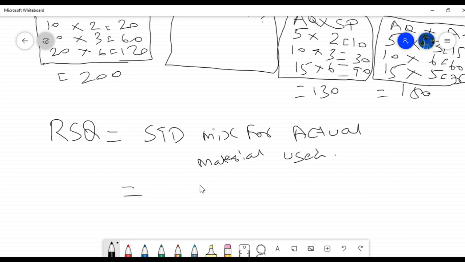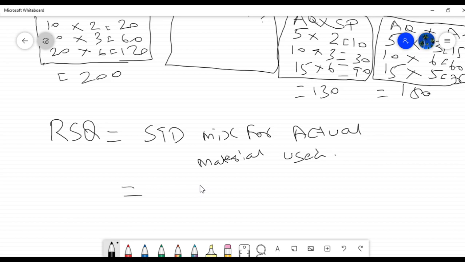So 30 divided by 50. Why 50? 10 plus 20 plus 20 is 50. 30 divided by 50 into 10 equals how much? 6 kg. That is 6 units.